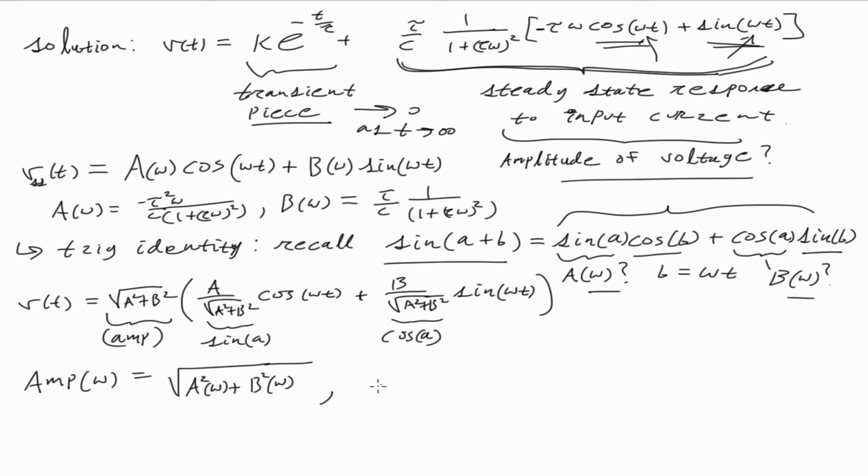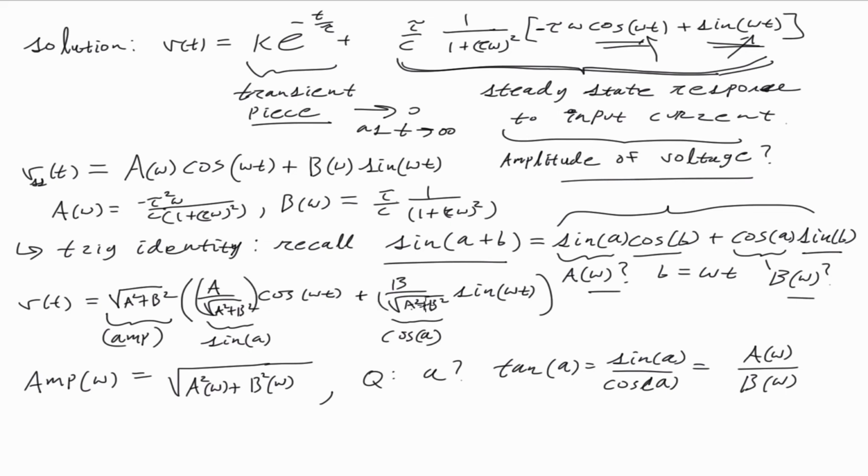Likewise, it begs the question then, what is A? Well, clearly we can find it through inverting. What we know then is tangent of A is going to be equal to sine of A over cosine of A, which is going to be equal to, of course, A omega over B omega. So if I put this in its place and that in its place, the square roots will cancel and I'll just get A omega over B omega.